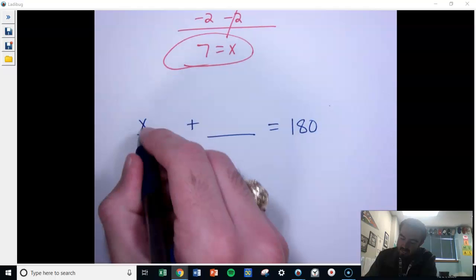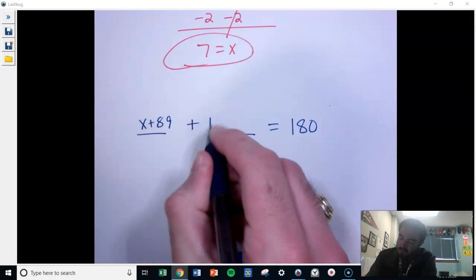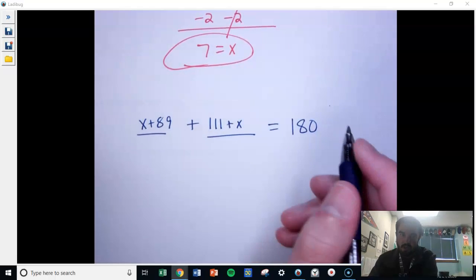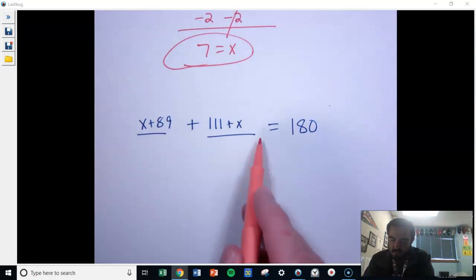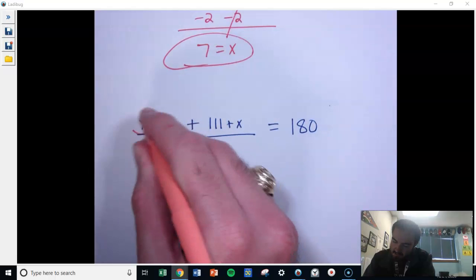So I have x plus 89 plus 111 plus x equals 180. Now, some people are like, man, Mr. Colston, I don't know what to do here. Well, you're always going to combine like terms when possible. If you take a look at all this stuff on the left, I have some x's.